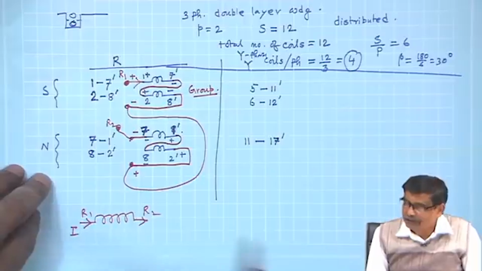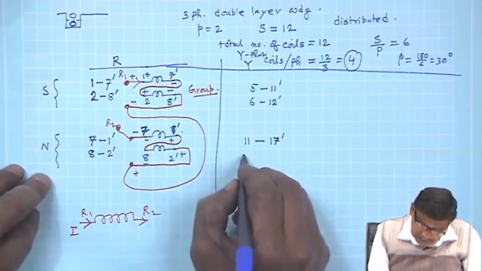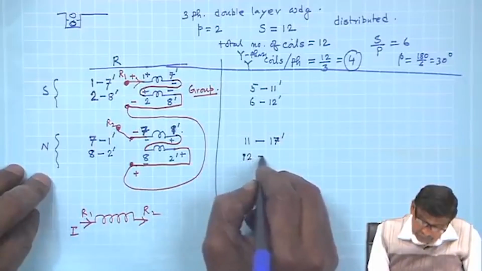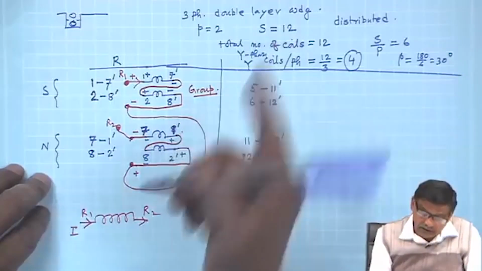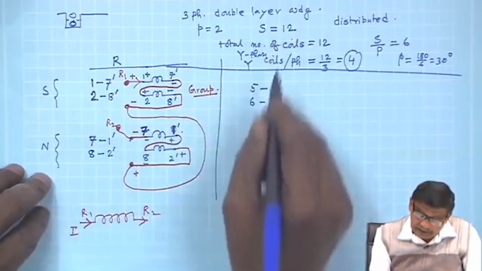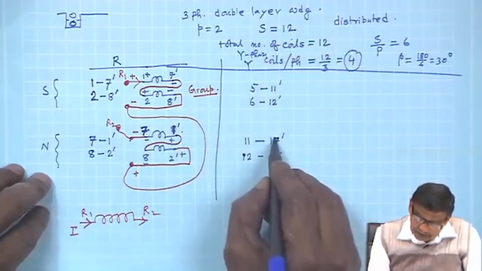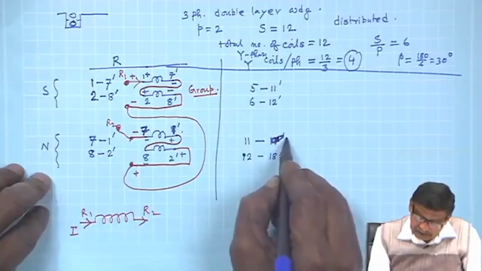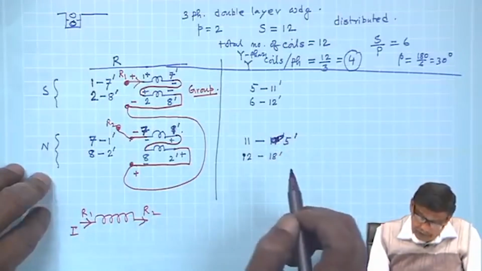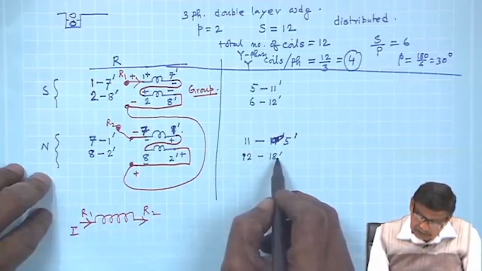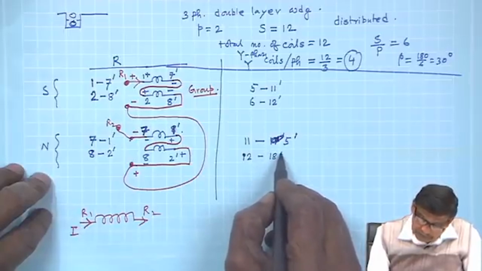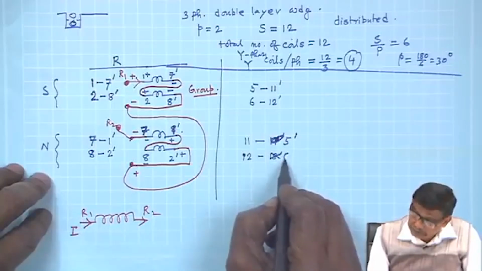If I am wrong, please point out. And then this is 12 and 18 dashed, but there is no 17 dashed, the total slots are 12. So, subtract 12 from it. So, this will in fact be 5 dashed, is it not, and 12, 18 dashed. So, 18 minus 12, 6 dashed, is it.